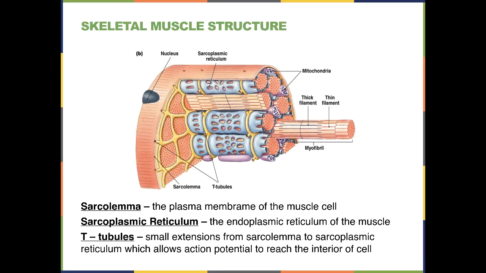T-tubules, which are pointed out here in yellow, are small extensions of the sarcolemma into the interior of the cell to the sarcoplasmic reticulum. And what this does is it allows for the action potential, which comes along the surface of the cell, to penetrate deep into the interior of the cell and cause reactions in the sarcoplasmic reticulum.